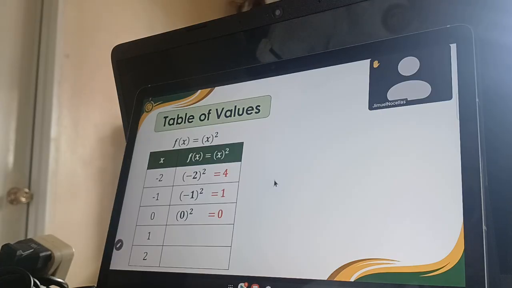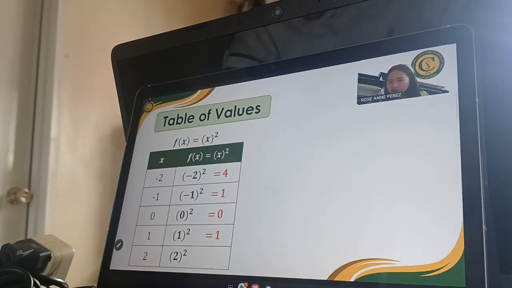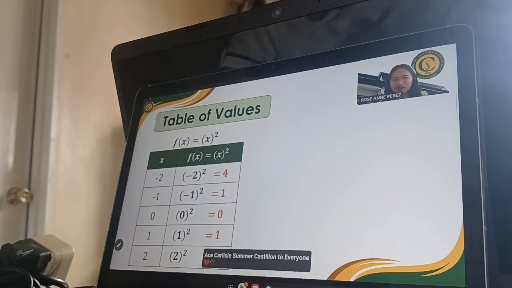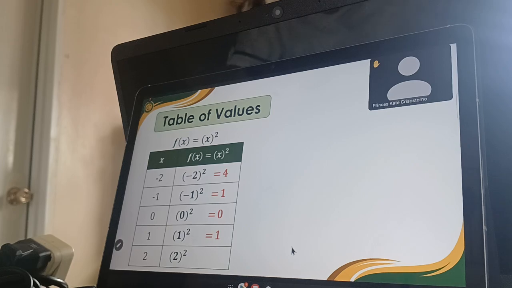Very good. It's 1. And then for 2 squared? Positive 4. Very good.